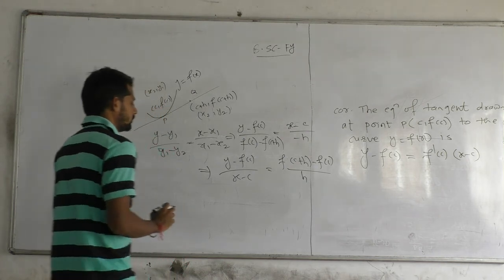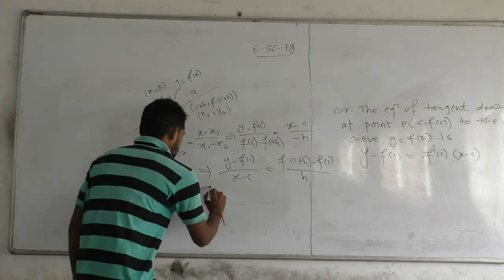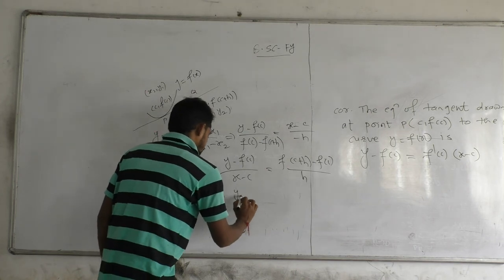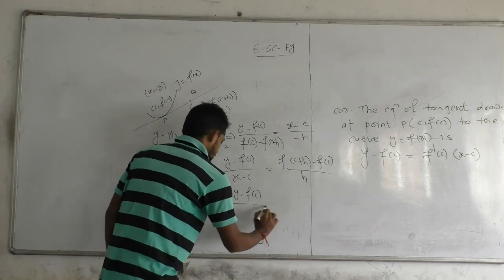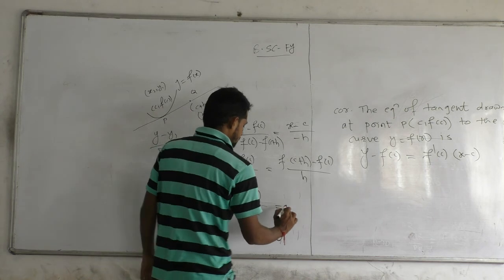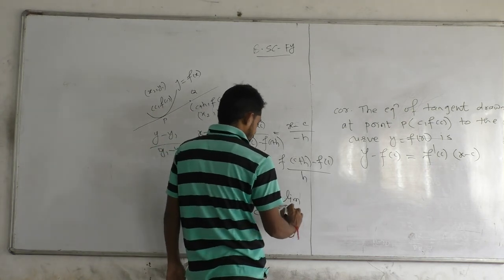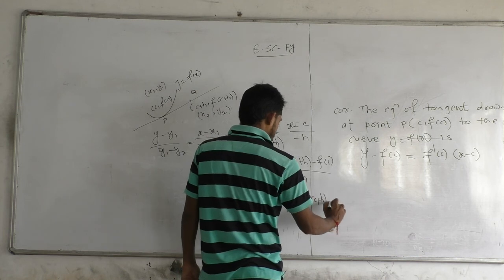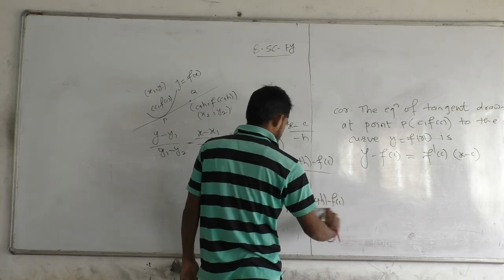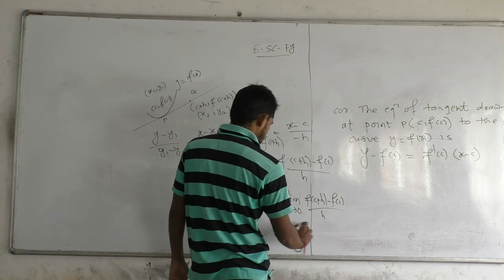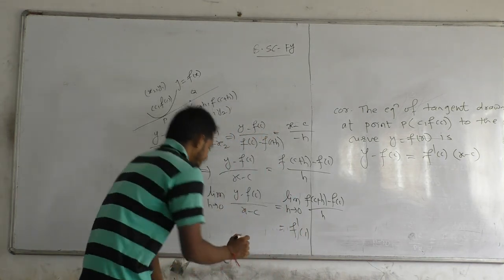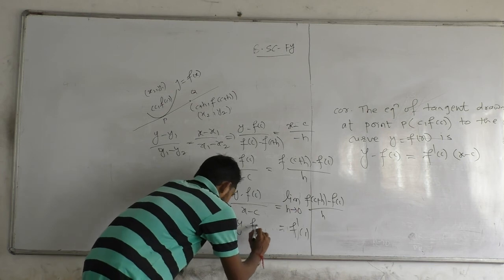Now taking limits on both sides, limit h tending to 0, y minus f of c divided by x minus c is equal to limit h tending to 0 of f of c plus h minus f of c divided by h. This is nothing but f dash of c.